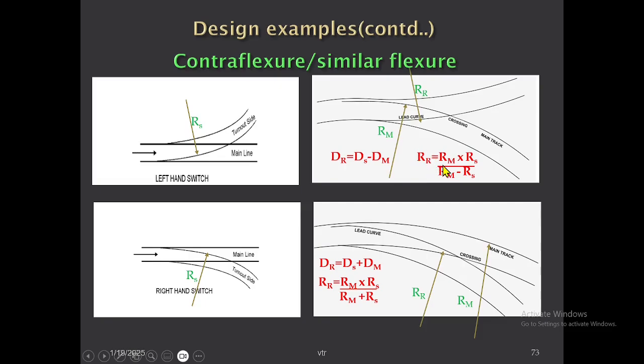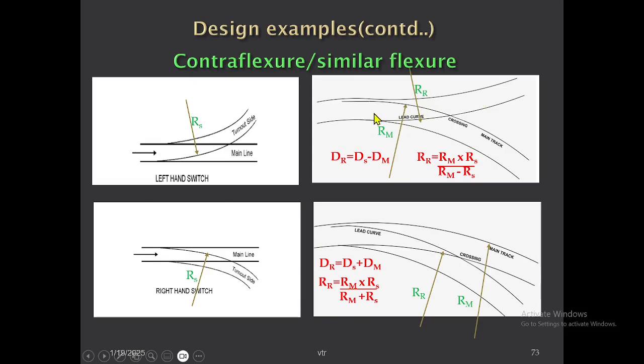So if the problem gives some values, using this relation we can find the resultant radius of the turnout, and using the radius we can find the superelevation required for the branch line.